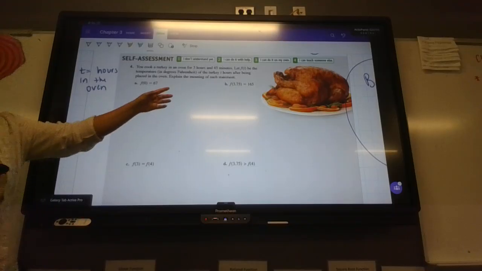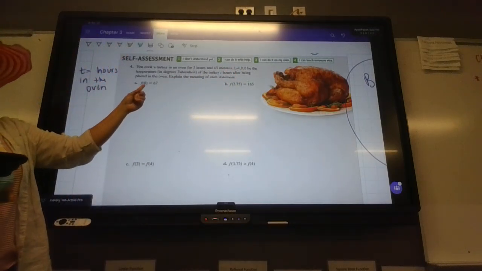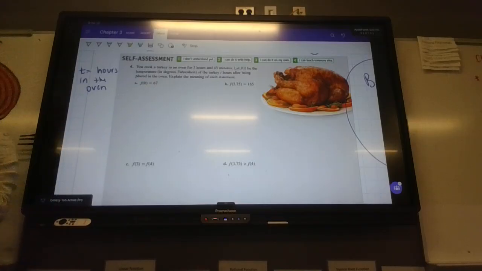So if it's F of T here, what do we think this 0 represents? T. So what is it with regards to the turkey if we're cooking this turkey? What does the 0 mean though?